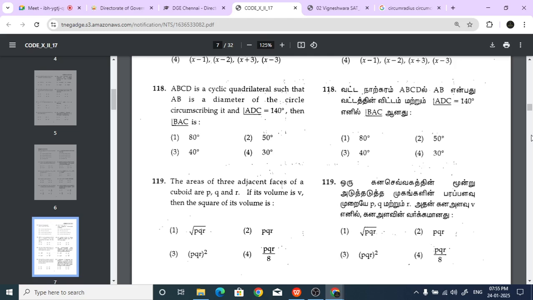AB is the diameter of the circle. ABCD is a cyclic quadrilateral such that AB is the diameter of the circle circumscribing it, and angle ADC is 140 degrees. Then angle BAC.